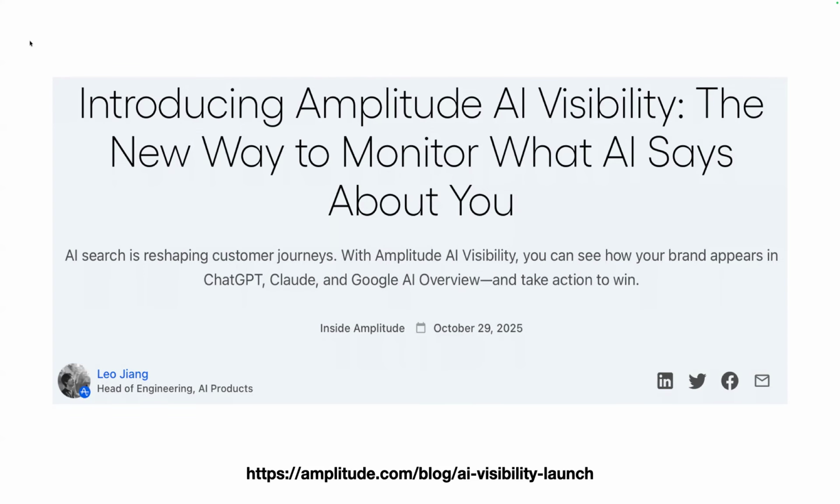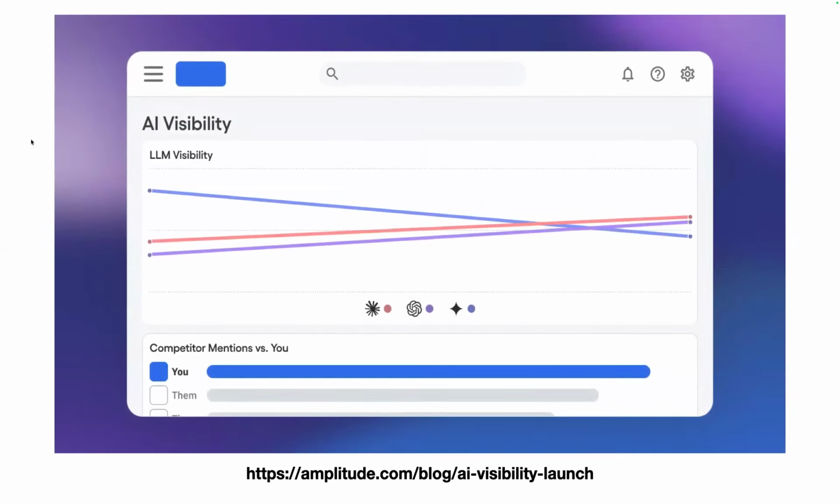Amplitude. Has anyone heard of this sucker? So Amplitude, everyone's familiar with SEO, search engine optimization. Now there's generative AI optimization. Some people call it answer engine optimization. This is a way for you to have a tool that you can point at your website and say, hey, how do I look here?